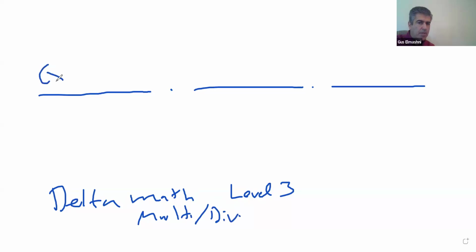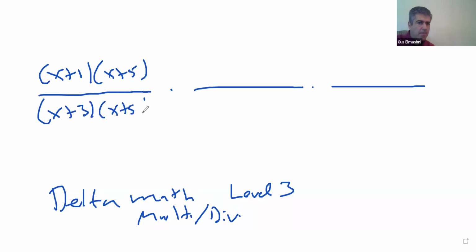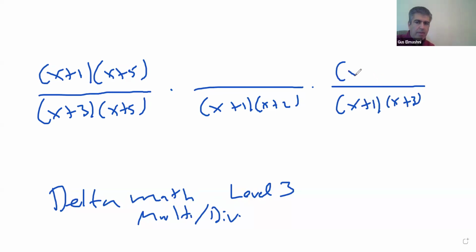So it's x plus 1, x plus 5. x plus 3, x plus 5. x plus 1, x plus 2. x plus 1, x plus 3. x minus 5, or x plus 1, x minus 5.